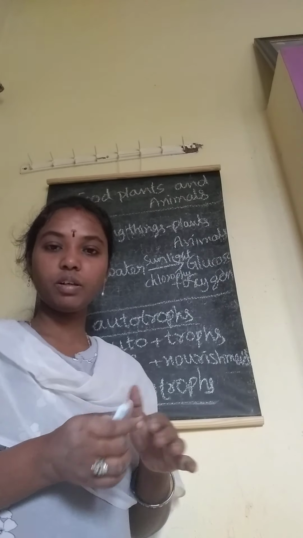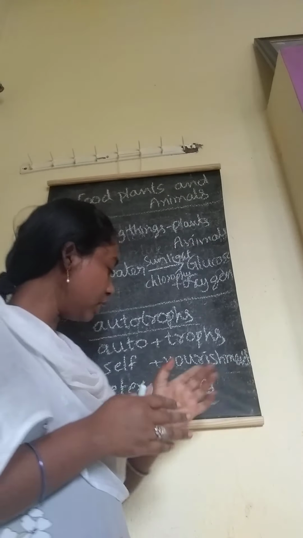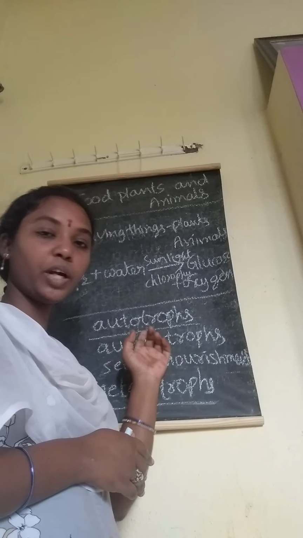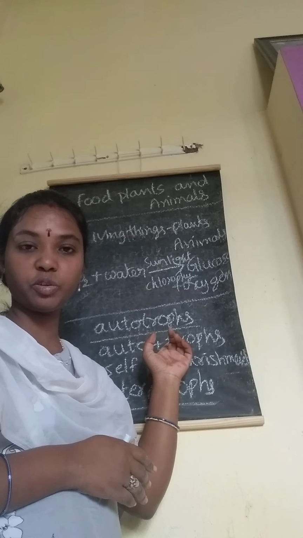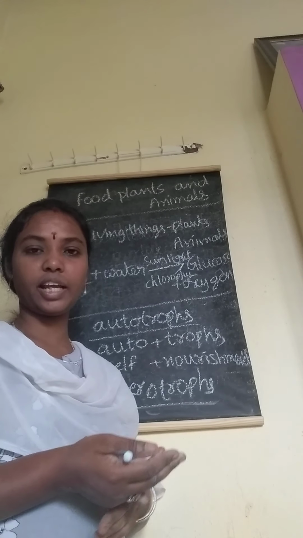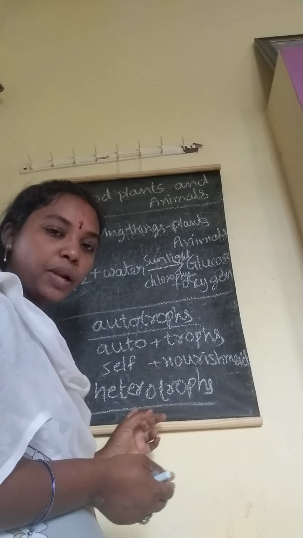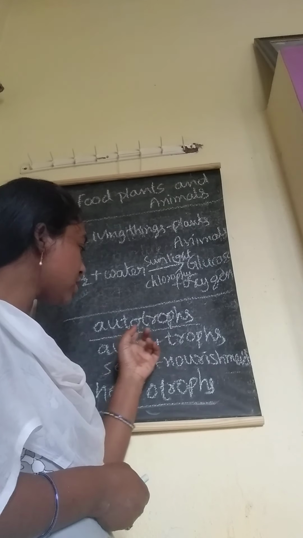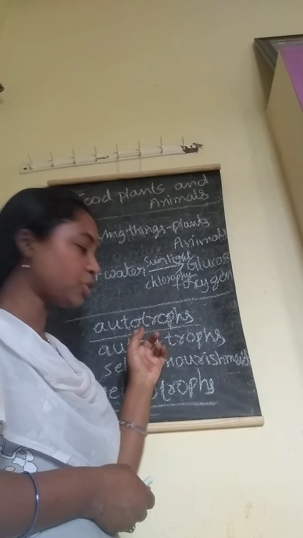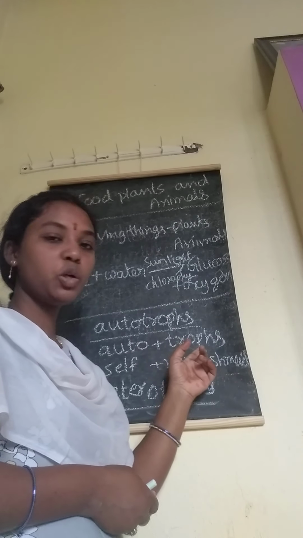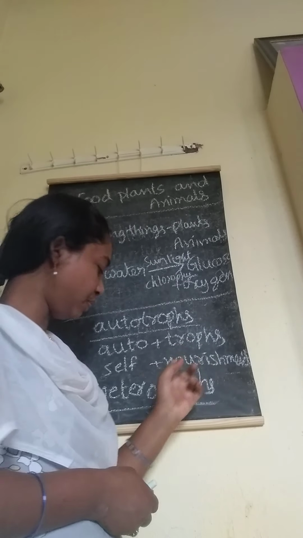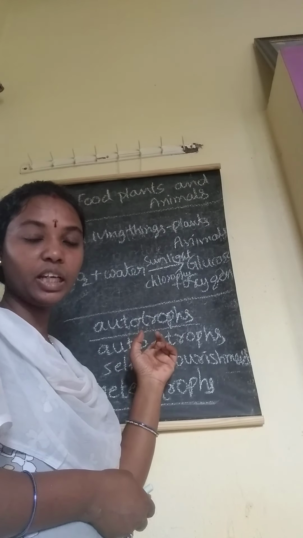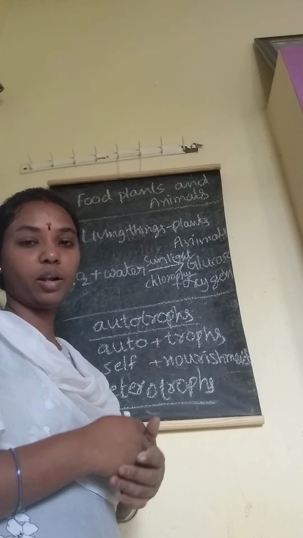They depend on autotrophs. Heterotrophs depend on autotrophs for food directly or indirectly. Non-green plants and animals are called heterotrophs. Green plants are called autotrophs. Auto means self, trophs means nourishment.